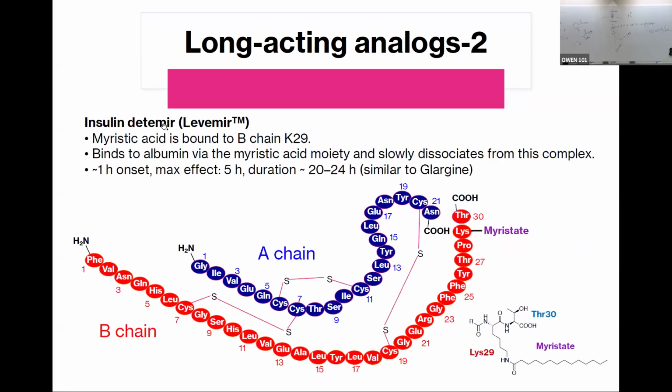Another long-acting analog is called insulin detemir. In this case, it is synthetically modified insulin by adding myristic acid, a fatty acid, all right? Adding the fatty acid here prolongs this peptide staying in the muscle, right? Because fatty acid stays longer in the muscle.